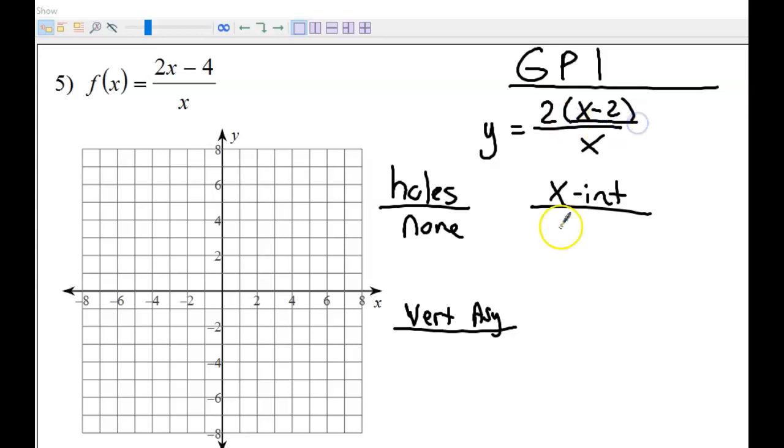Now, this is the only one I'm going to set equal to 0. You don't set a number equal to 0. That won't work. It has to be something with an x in it. So we would have an x-intercept at x equals 2, which means that it's going to touch the x-axis somewhere right about there. Kalani, where would we have a vertical asymptote?